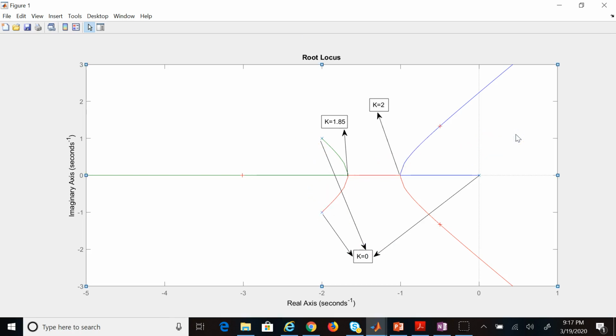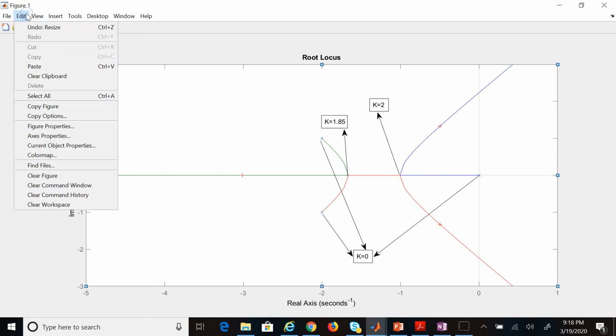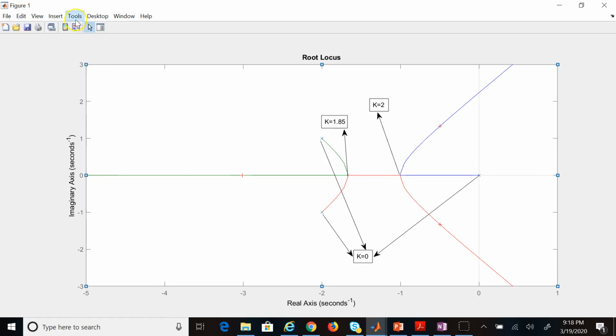So what happens? Until I am between 0 and 1.85, the dominant poles have not reached here. So they are still having some imaginary part and underdamped behavior. And this guy has not reached here yet because k is 1.85, so this pole moves all the way from here to, let's say when you make it a little less than 1.85, you are looking at maybe, if I use an ellipse, one of your poles could be here, right?